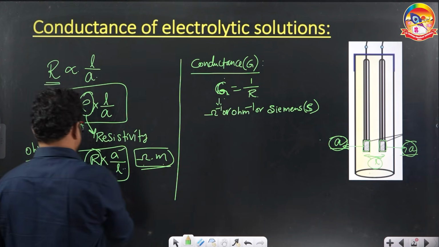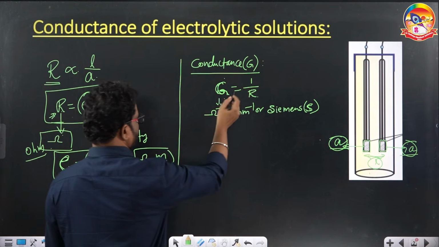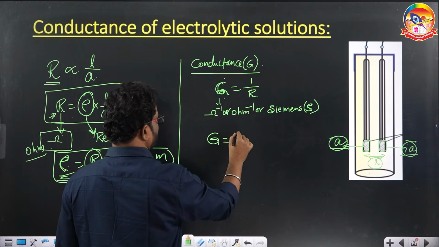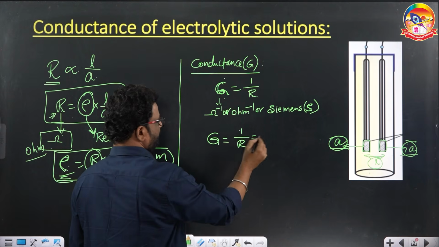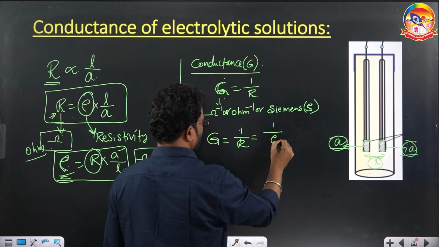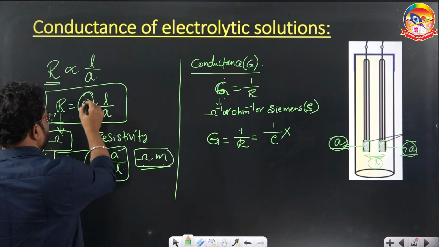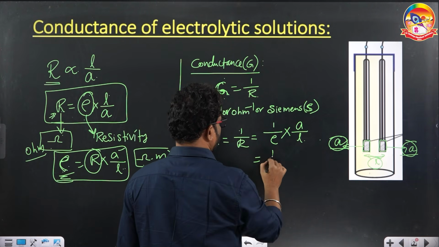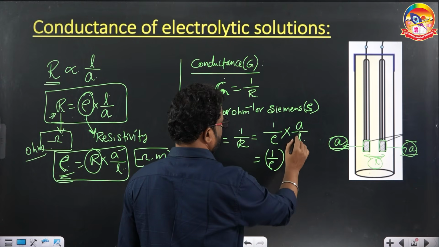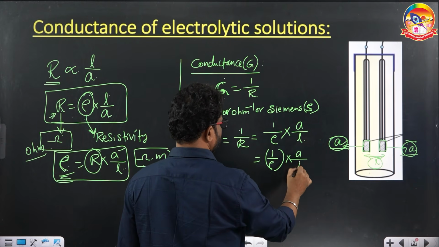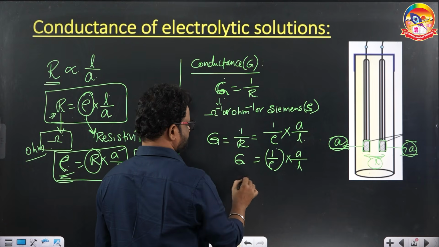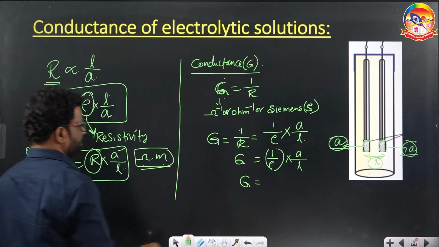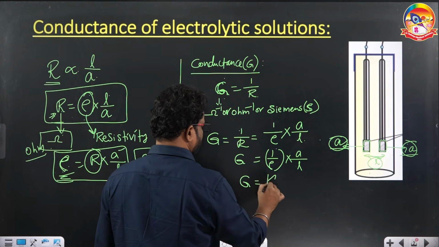The relation between resistivity and this conductance, for example, G is equal to 1 by R, that means 1 by rho of reciprocal of L by A, that means it is 1 by rho of A by L, where this 1 by rho is resistivity, reciprocal of resistivity is called as conductivity.